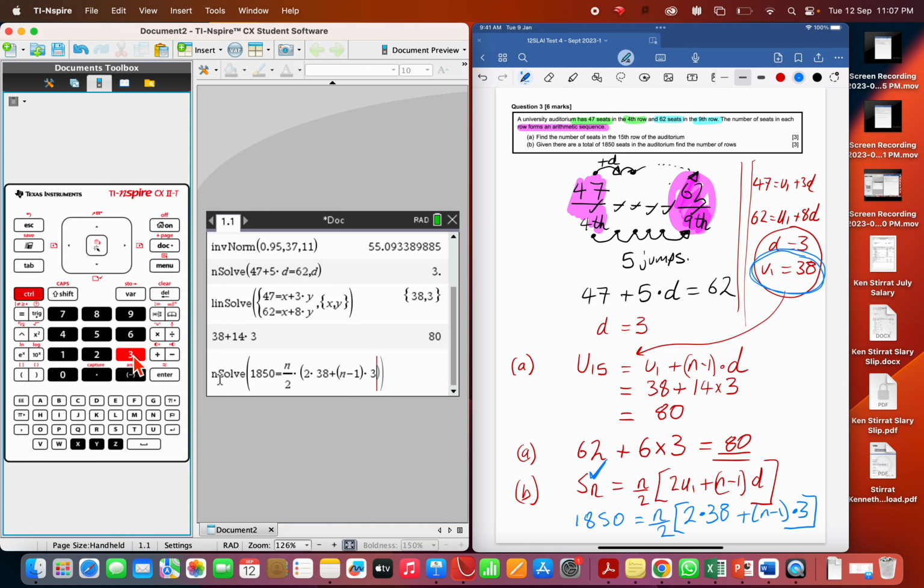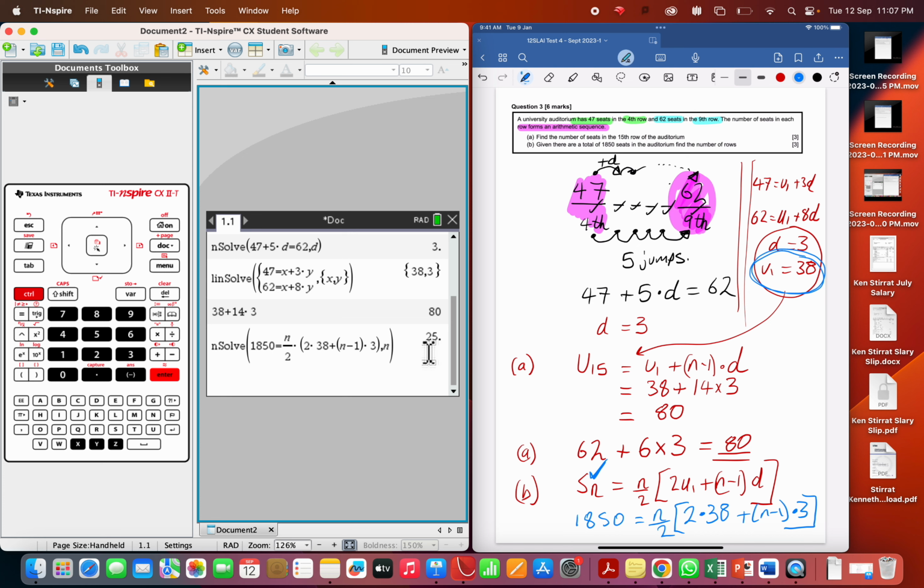Then we solve this equation, comma n, making sure everything is in the right place. Boom, 25. That feels pretty good, doesn't it? 25th row. We have the 4th and the 9th row given, and we were asked to find how many seats in the 15th, and now we've got an answer that says there are 25 rows. So the number of rows is 25.